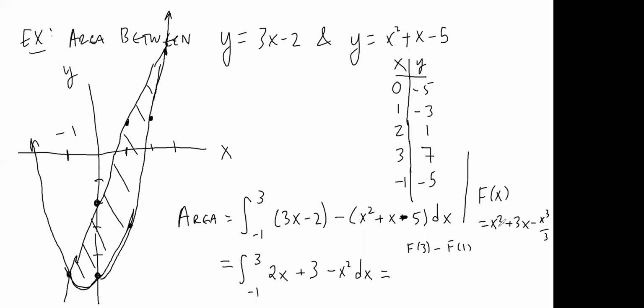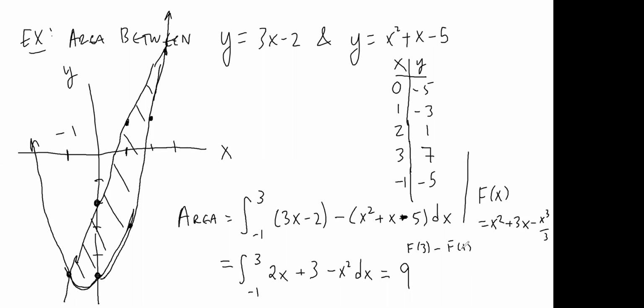I'll get 3 squared, I'll get 3 times 3, and I'll get 3 cubed divided by 3, and then plus and minus. So 3 squared is 9, 3 times 3 is 9, so that's 18. 3 cubed is 27, but then I divide by 3, I get 9. So it'll be 9 plus 9, but minus 9. And so the answer is 9.